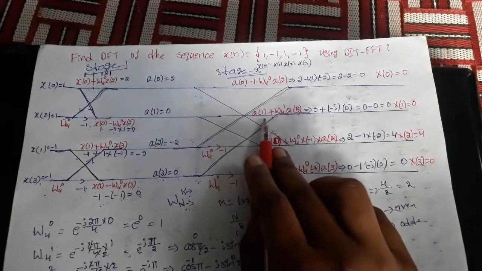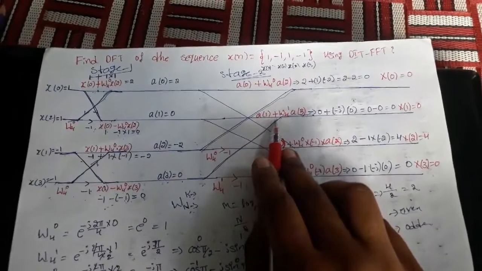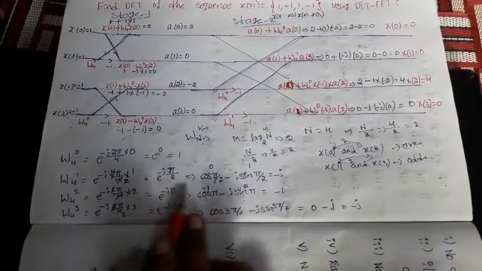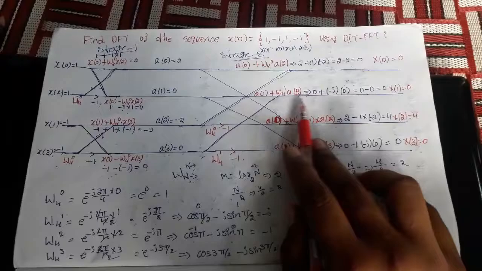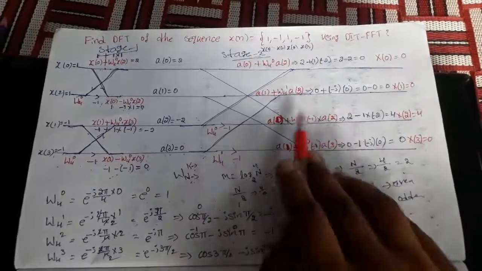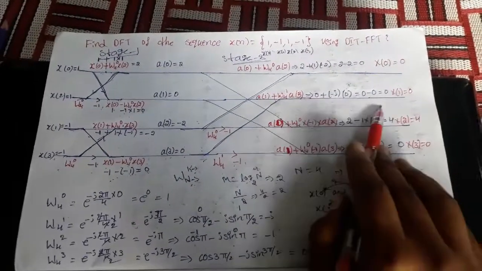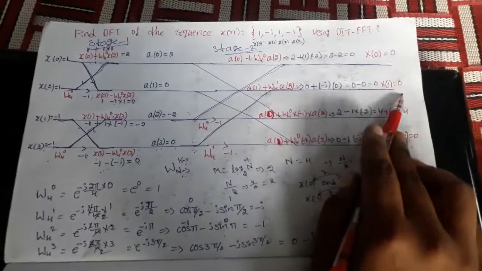So a of 1 value is 0 plus W4 to the power of 1 value, W4 to the power of 1 is minus j. Okay, we can substitute here, and a of 3 value is 0. So the output is x of 1 equals 0.